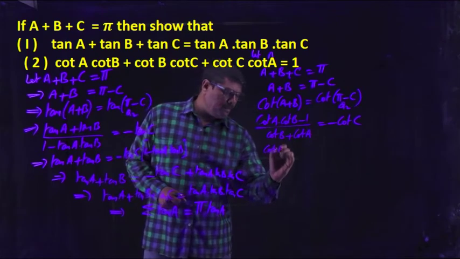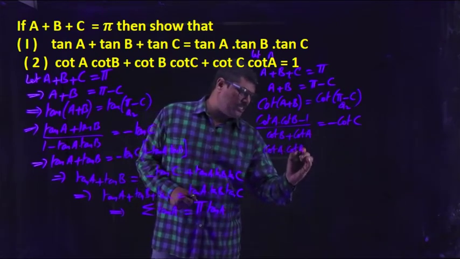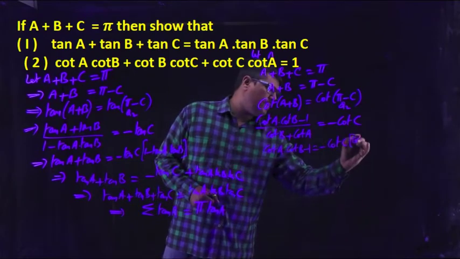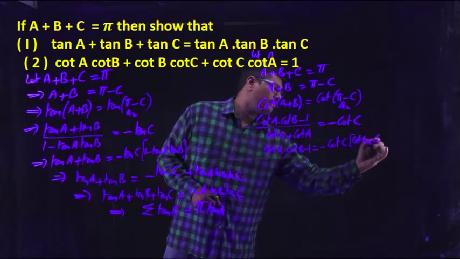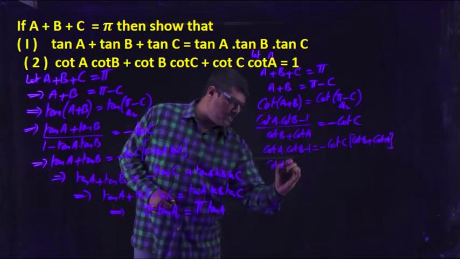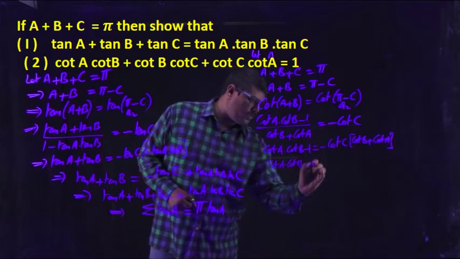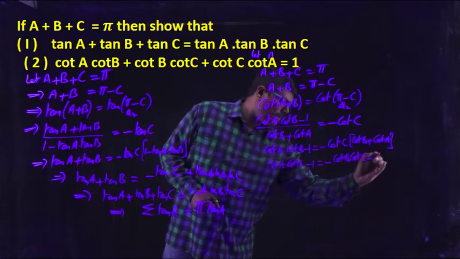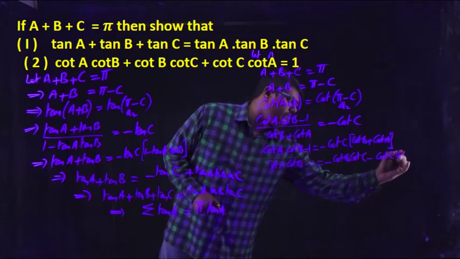Now simplifying this expression to get the required answer, which is minus cot C into cot B plus cot A. So it becomes cot A cot B minus 1 is equal to minus cot B cot C minus cot C cot A.